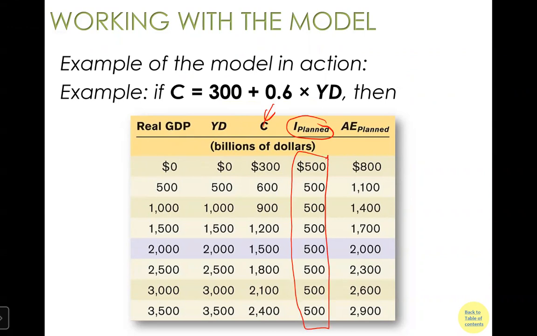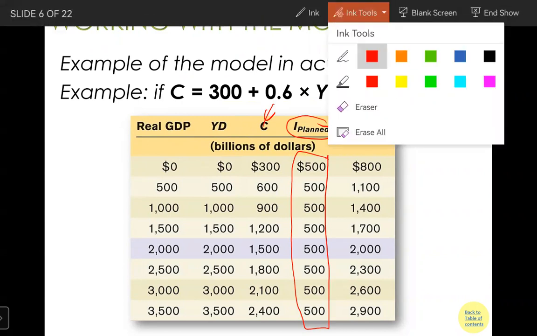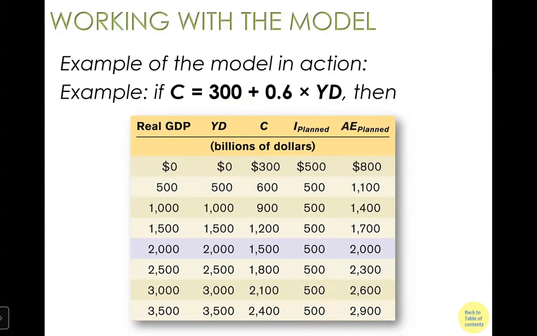Now the last column, planned aggregate expenditure. That's going to be the summation of these two. So 300 plus 500 gives you 800. 2,400 plus 500 gives you 2,900.